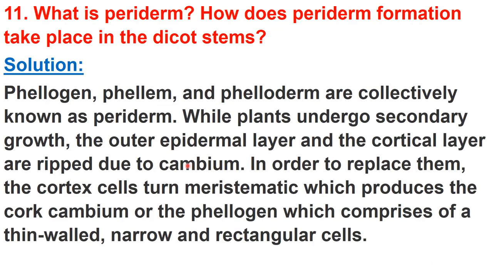Next is question number 11 of NCERT: what is periderm and how does periderm formation take place in dicot stems? So phellem, phellogen and phelloderm, which are made due to the action of cork cambium, are collectively called periderm, right?